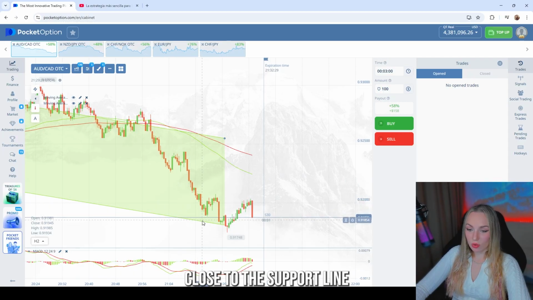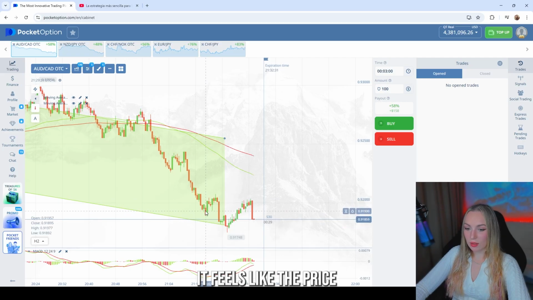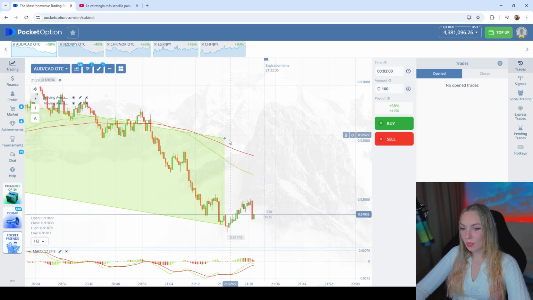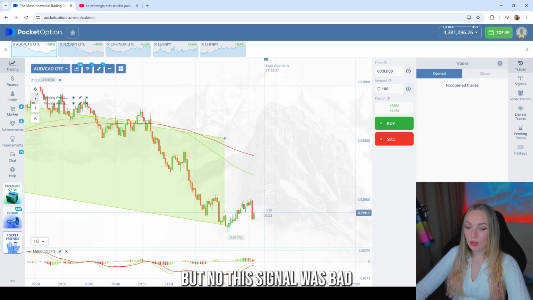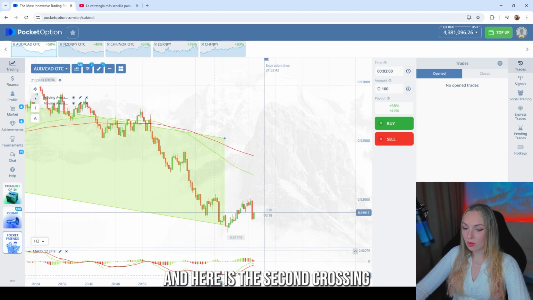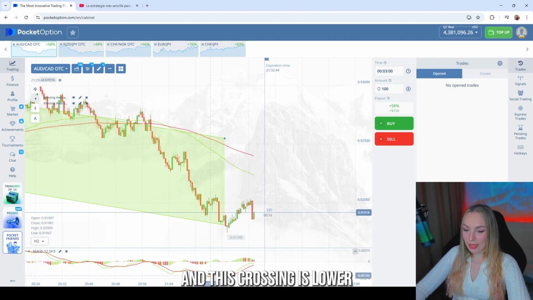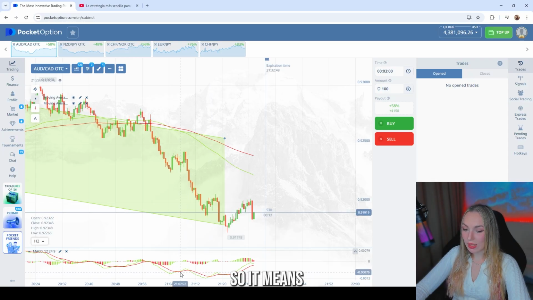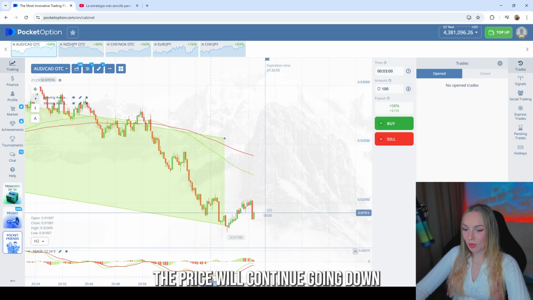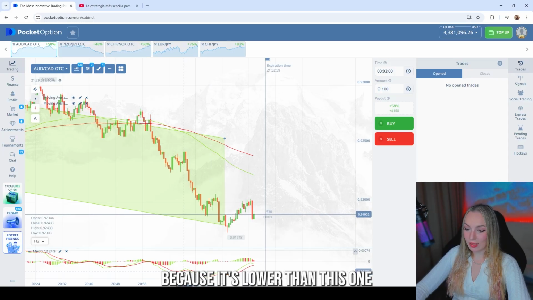It's right close to the support line. It feels like the price already started to go up to touch again the resistance line, but no, this signal was bad because here was the first crossing and here is the second crossing, and this crossing is lower than this one, so it means that it has more power than this. So that means that the price will continue going down because it's lower than this one.